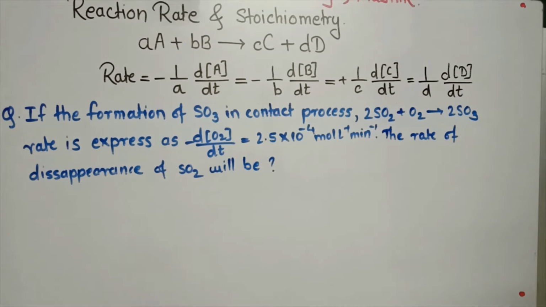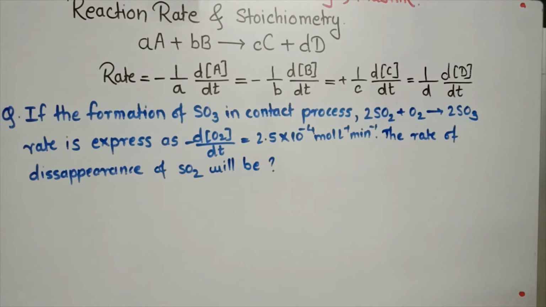Another question is, in the formation of SO3 in the contact process, that is 2SO2 plus O2 gives 2SO3, the rate is expressed as minus d concentration of O2 upon dt is equal to 2.5 into 10 raised to minus 4 mole per liter per minute. The rate of disappearance of SO2 will be.